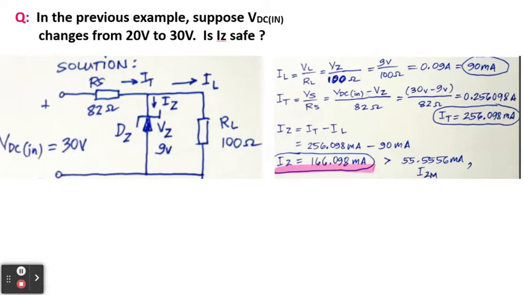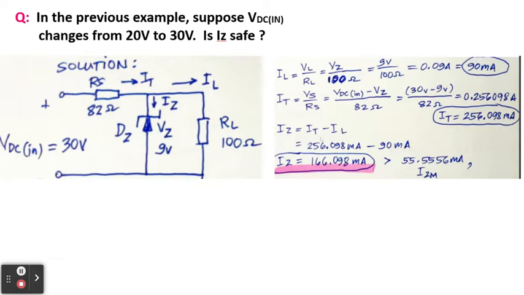So VDC in minus VZ divided by 82 ohms, which is the RS, will give us 256.098 milliamperes. Take note that when you divide volts by ohms, the answer will be amperes. To get milliamperes, you have to multiply this value by 1000 because there are 1000 milliamperes in every 1 ampere.